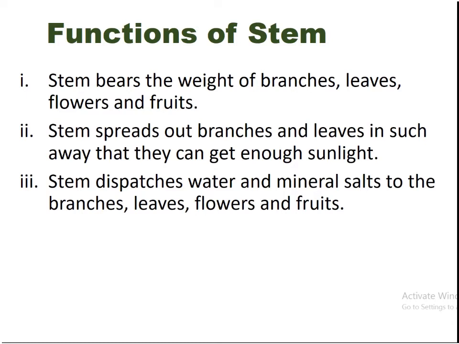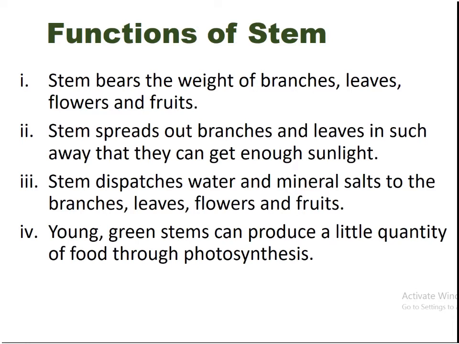The root, what was the function of the root? They absorb water and minerals, and then this stem dispatches water, minerals and salts to their branches, to their leaves, to their flowers and fruits. Okay, another function, and this is the most interesting function, is the young green stems can produce food through photosynthesis.